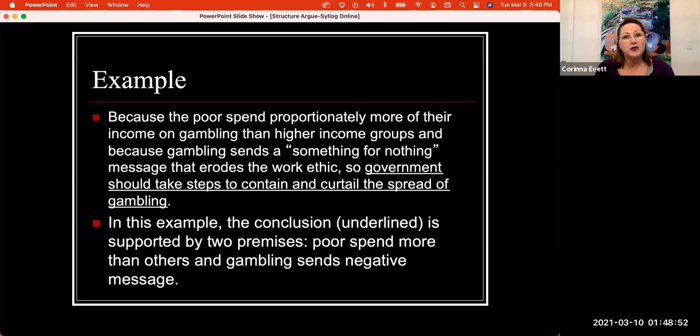And then the issue at question, the question about the issue, would be whether or not the government should do anything to contain or curtail the spread of gambling. And then the conclusion is that underlined statement there. And then you can see that the poor spending more than others and gambling sending a negative message are the two premises that support and affirm and lead us to that conclusion.